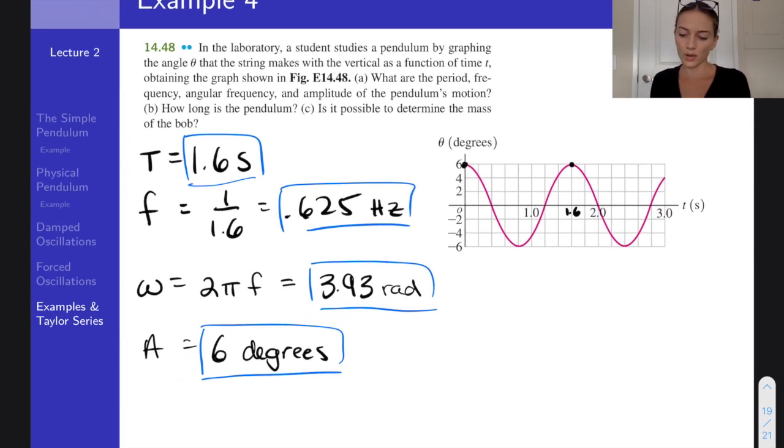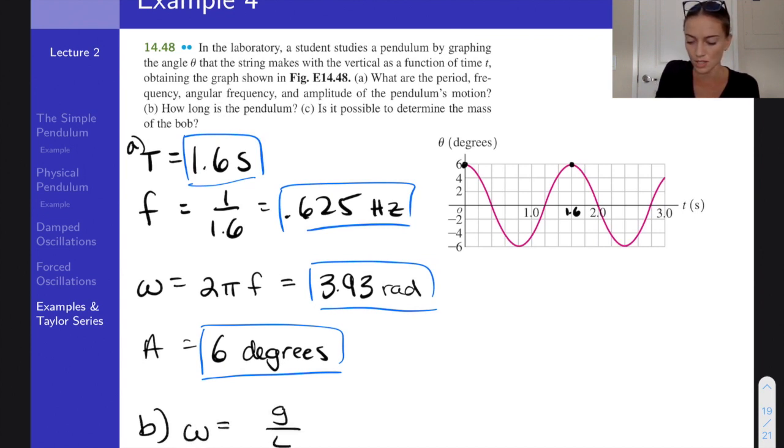All right, now we want to do part B. So how long is the pendulum? The pendulum's length we can find with our equation for omega. So we know omega is the square root of g over L. So we can square both sides.